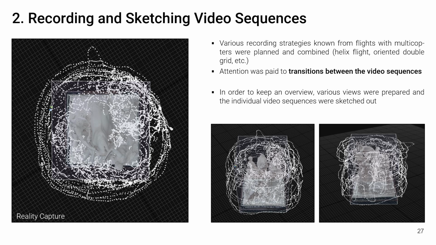Okay, let's take a look at the results of point 2, where the capture strategy used is relatively easy to recognize. Here the white dots are again the selected individual photos from Keyframer that led to the pose estimation in Reality Capture. On the left, we see a kind of helix flight with different distances and heights, which we use very successfully with multicopters.